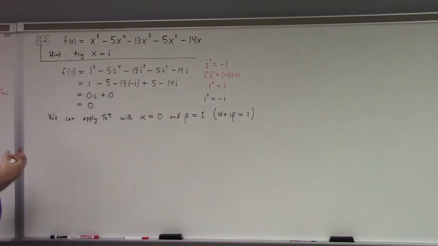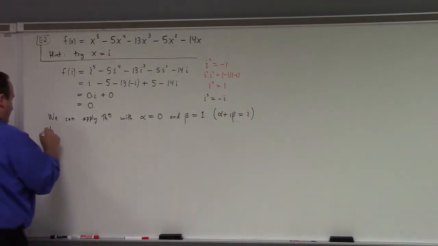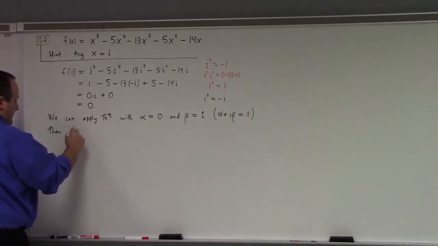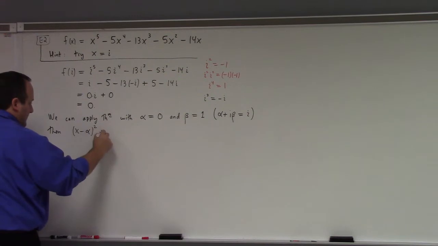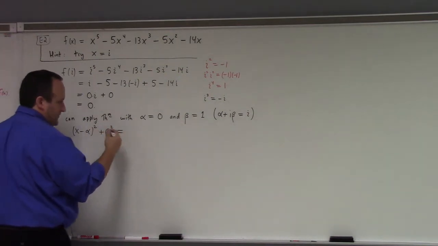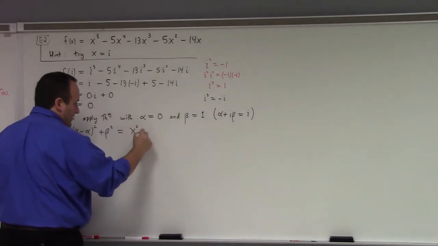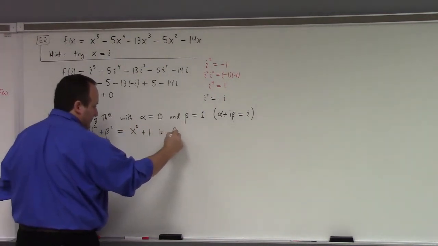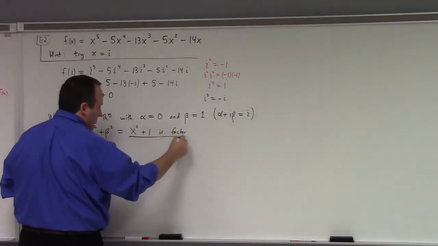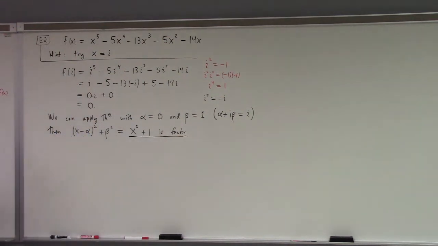So the theorem says x minus alpha quantity squared plus beta squared is a factor, which is literally just x squared plus 1 is a factor.